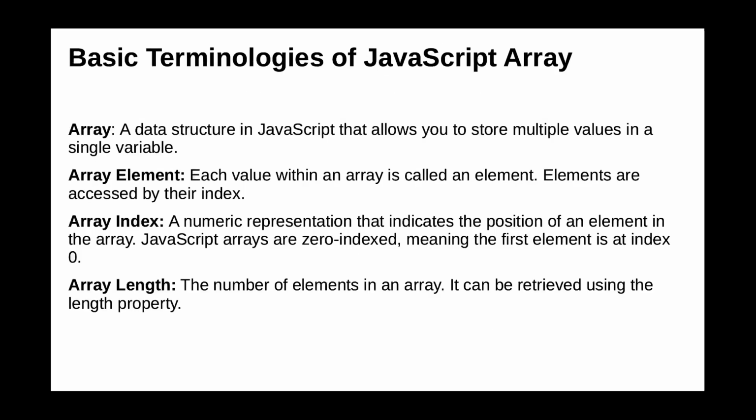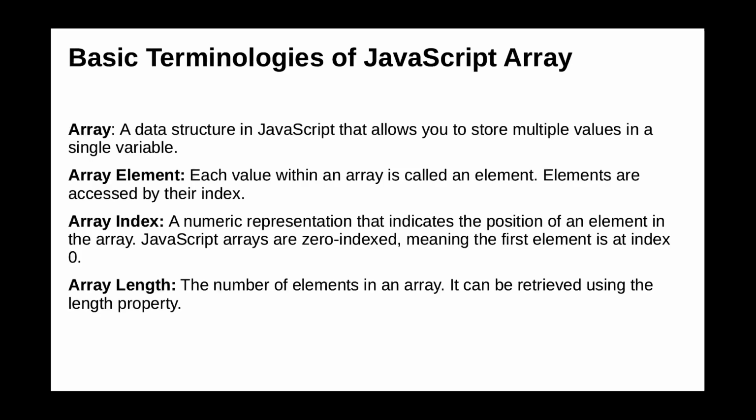Basic terminologies of JavaScript array. First is array. An array is a data structure in JavaScript that allows you to store multiple values in a single variable. Next is array element. Each value within an array is called an element. Elements are accessed by their index like 0, 1, 2 and so on.